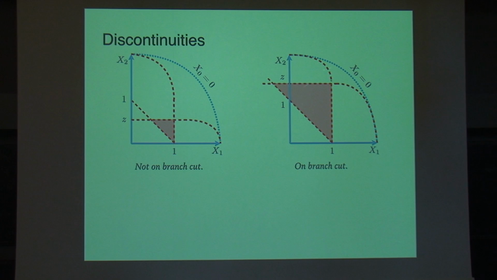And it's very intuitive when we look at these two pictures, because on one side, there's no overlap between the boundary of one triangle with the other. But when we are sitting on a branch cut, there's a non-trivial overlap between this line and the integration region. And so we can imagine that the discontinuity across this branch cut has to be encoded locally on this boundary.